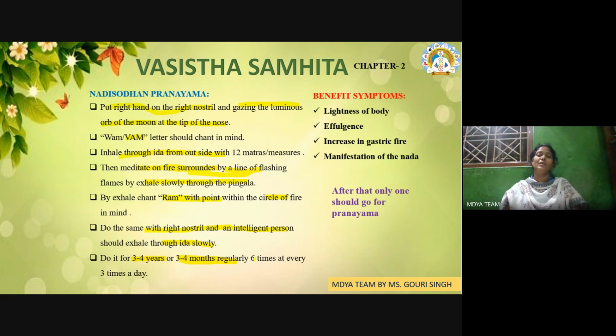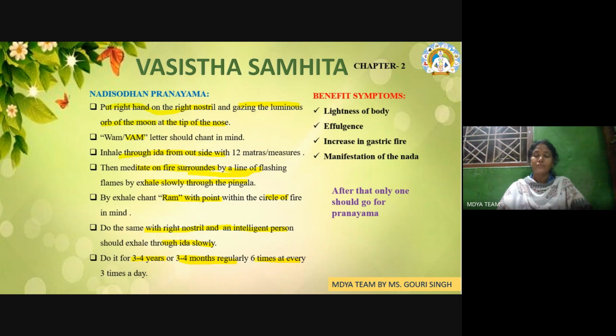How many times? 6 times, at every 3 times a day. Means inhalation and exhalation, again inhalation and exhalation, this is one time. In the same way, one needs to do 6 rounds. According to the slokas, it is mentioned 6 rounds, 3 times in a day.